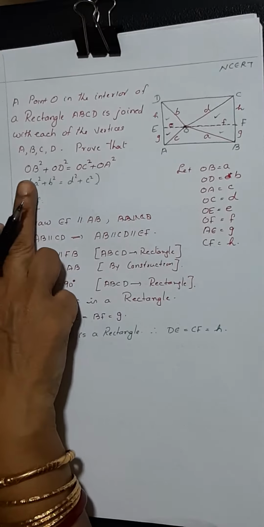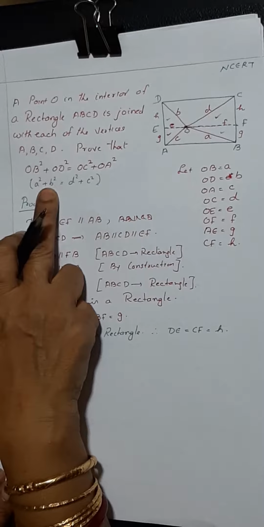Now we will start. We have to prove A squared plus B squared is equal to C squared plus D squared.